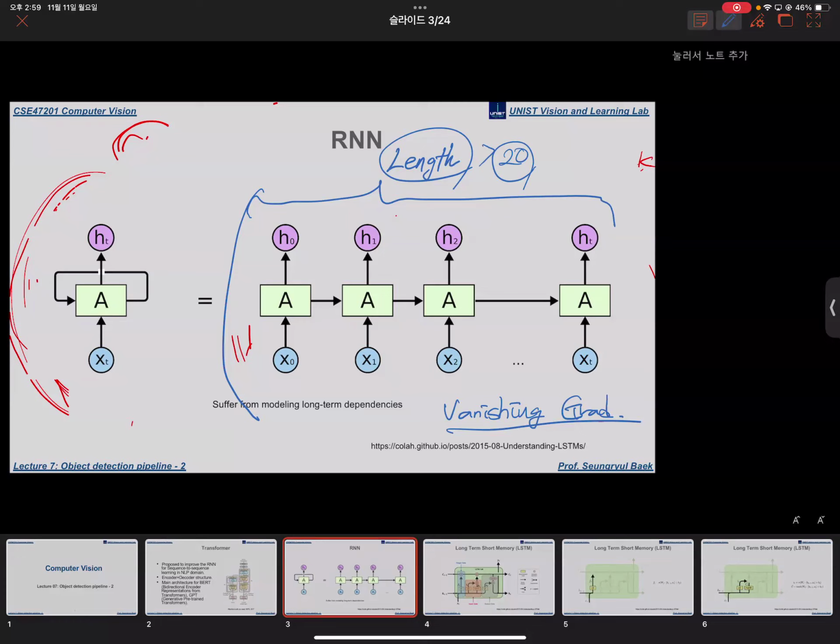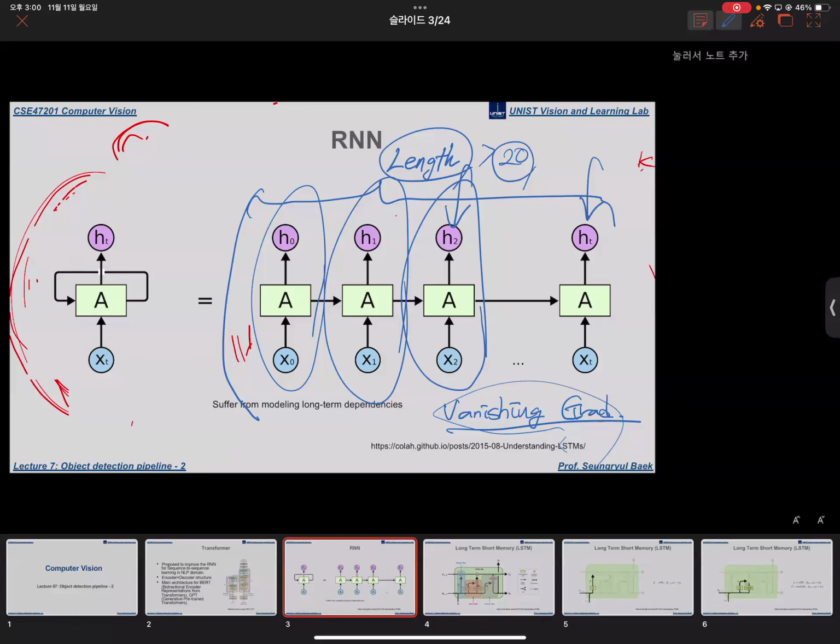When processing the earlier word, there was maybe no vanishing gradient, but you have to supervise this output, okay? And when supervising the last word, if the sentence is very long, you have to get gradient from every module, okay? By the chain rule, you have to multiply all the gradients in each module.